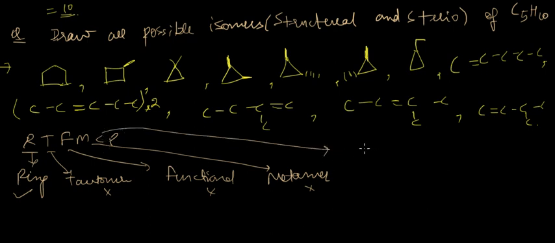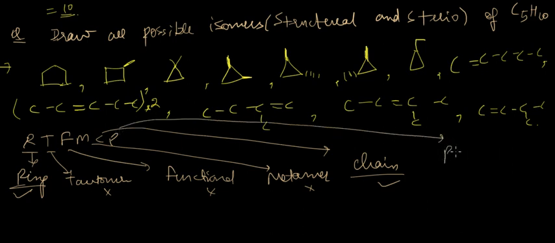There is a single chain isomer. I have drawn for the alkene chains. And finally P is for position isomer. For the position isomer, again I have changed the position of the double bond in the chain isomers. So position isomer is also there.